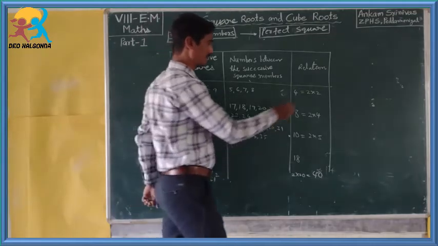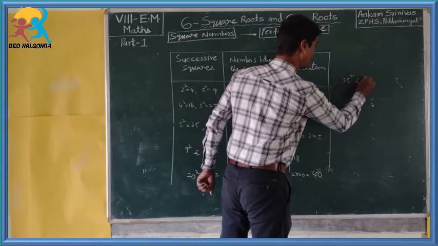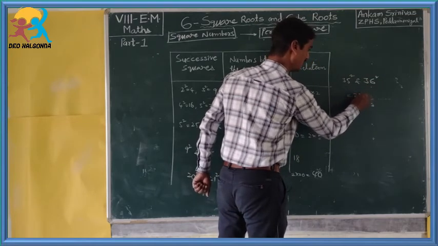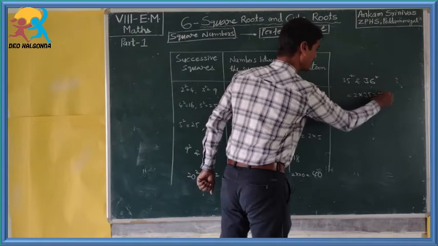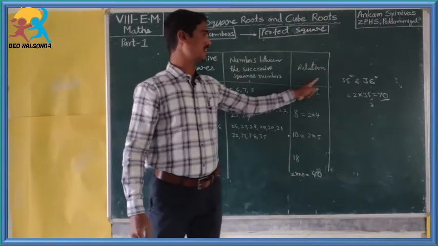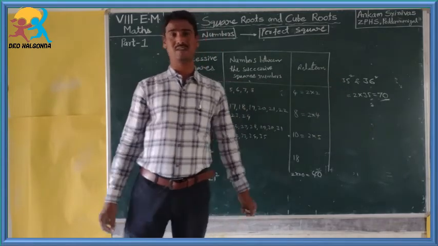Suppose I take the numbers between 35 square and 36 square, we will get 2 into 35, 70 numbers. So the numbers between 35 square and 36 square equal 70 numbers.